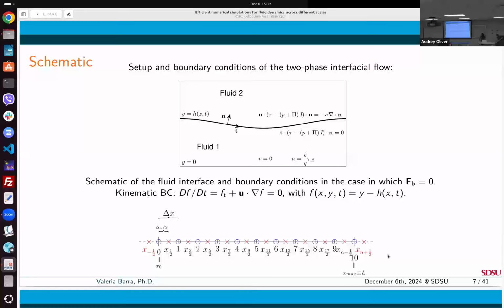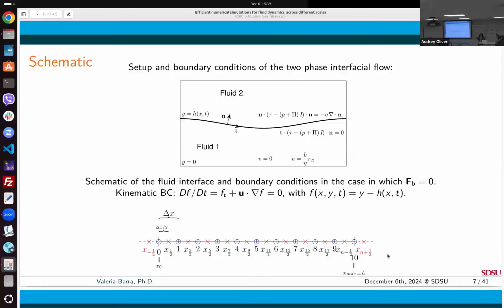So this is the typical setup of thin films approximations, also called long wave approximations, where the length scale is much, much larger than the height scale. So remember that, for instance, in the inkjet printing application, we have a very, very thin, nanometer scale layer deposited on the substrate. So these are all the boundary conditions.